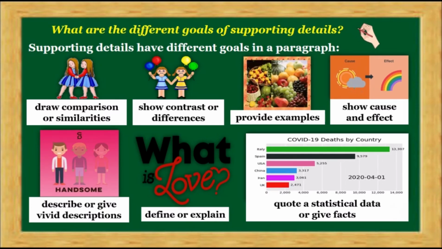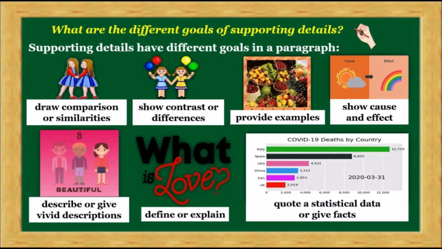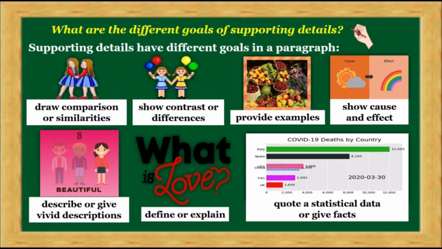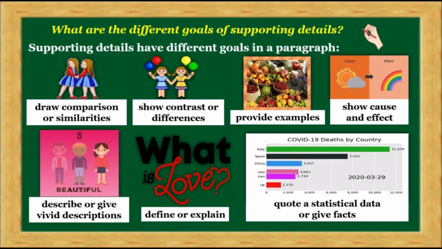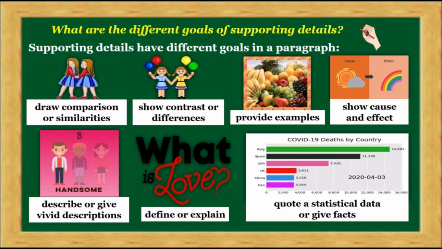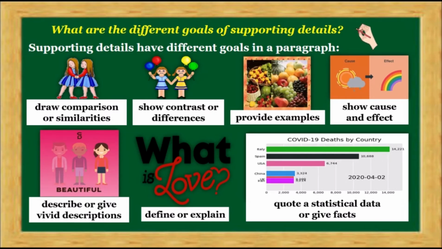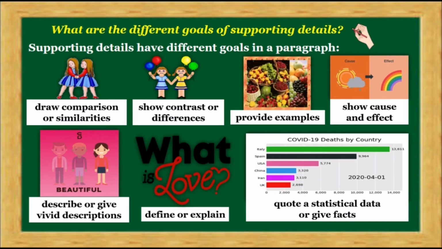Remember, you don't have to use them all in the same paragraph. The type of supporting sentences you will use depends on the purpose of your paragraph. The main aspect to keep in mind is that all supporting sentences must be connected and related to the topic sentence of your paragraph.